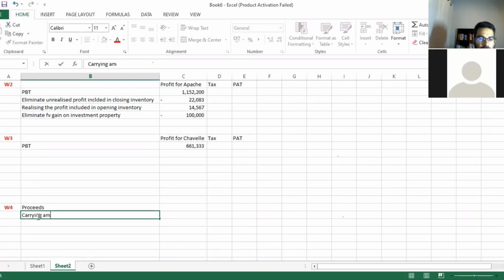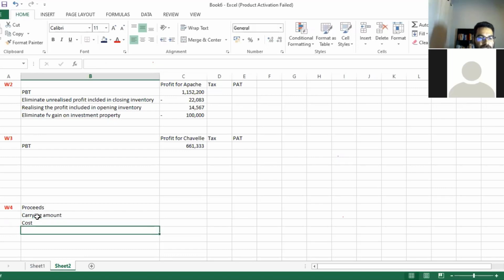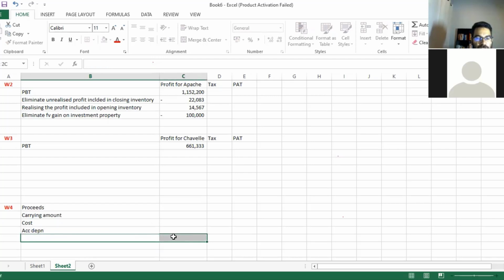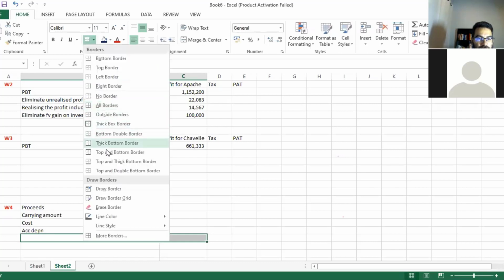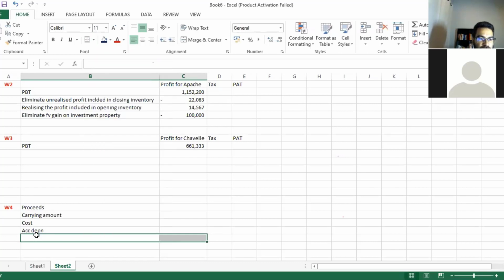How do you get to carrying amount? It is cost less accumulated depreciation. Okay, so it's cost price less accumulated depreciation, and this will give us our profit or our loss.